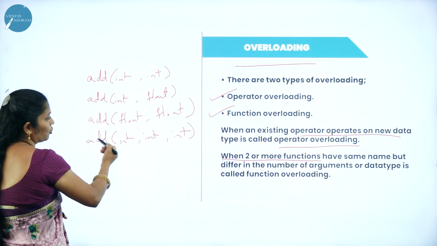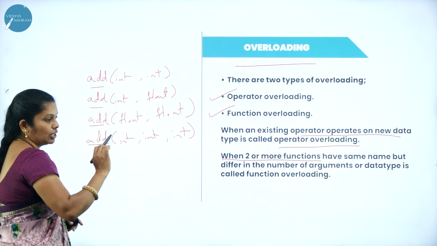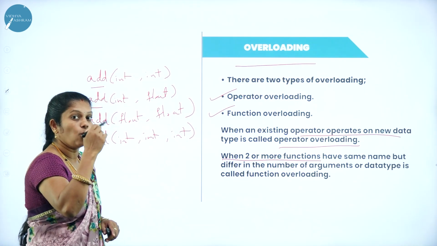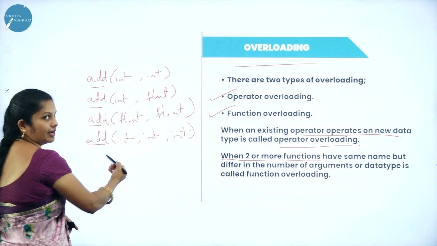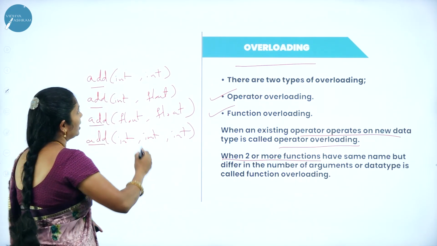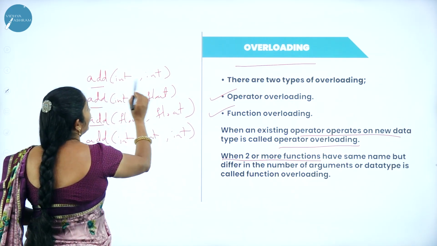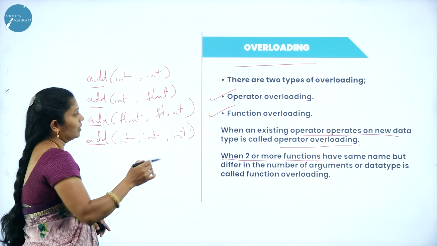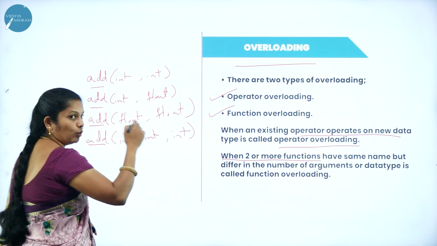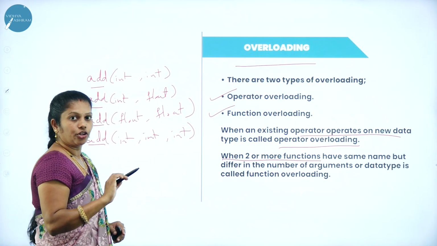In all the 4 functions, the function name is add only. Function overloading means 2 or more function names are the same. In the first case, we had 2 arguments, both integer data type. In the second case, we have 2 arguments, but the first argument is integer and the second argument is float.